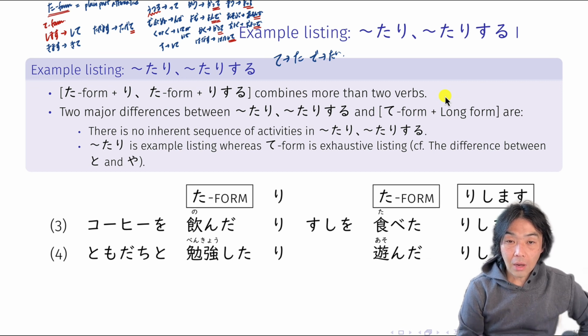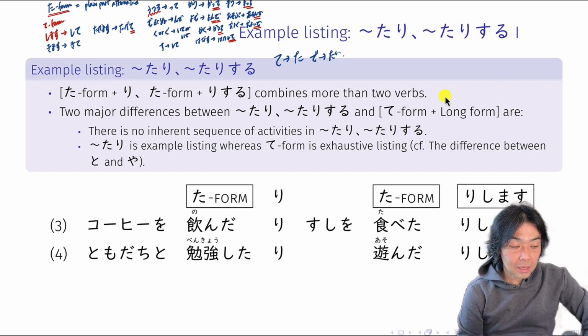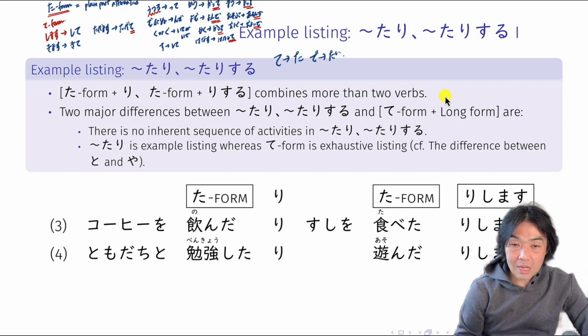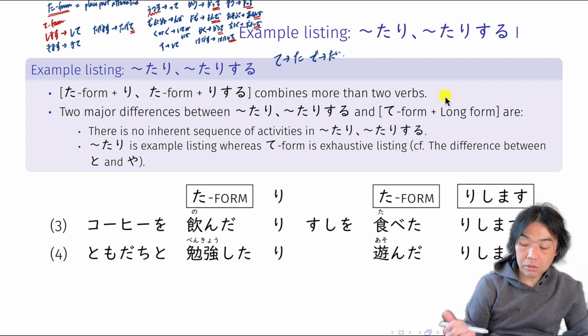And then here, you might say that you can already say this. You have already studied how to say this, which is using te form.